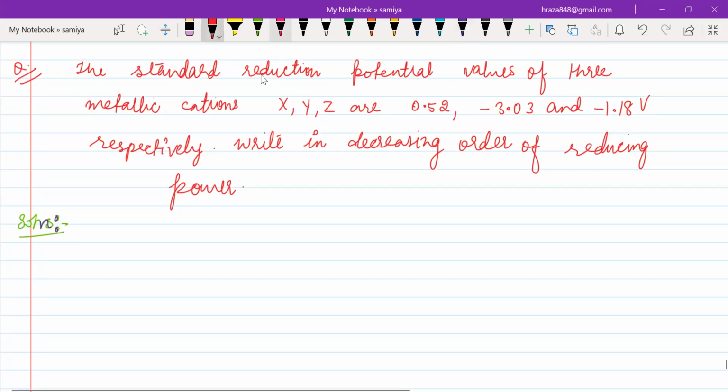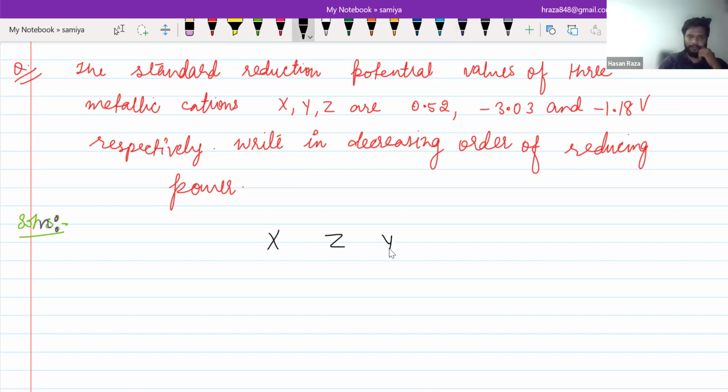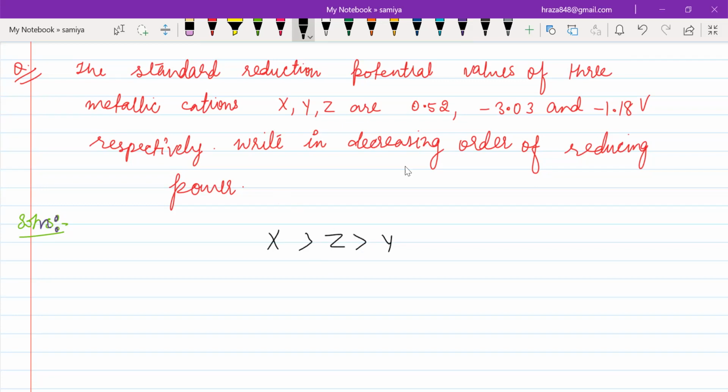Sir, it is in decreasing order. X, Z, and Y. Like this. Yes. You can see decreasing order of reducing power.